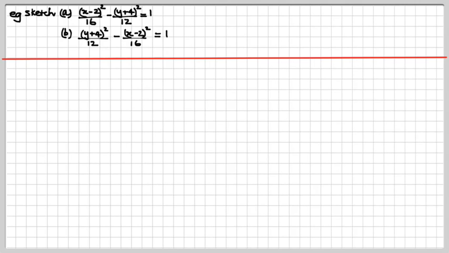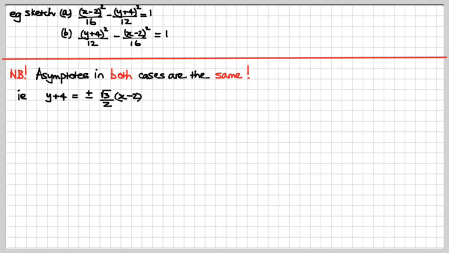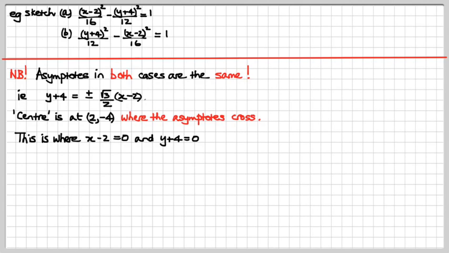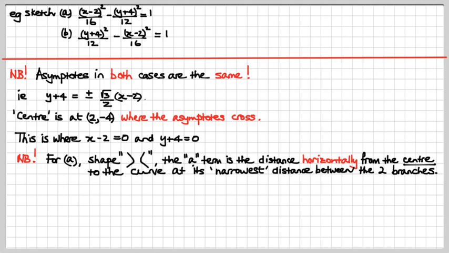The asymptotes will be the same in both cases. So, these are going to be the asymptotes. The centre is at 2 and minus 4, where x minus 2 equals 0, and y plus 4 equals 0. And that's where the asymptotes cross. That is the centre of the hyperbola.